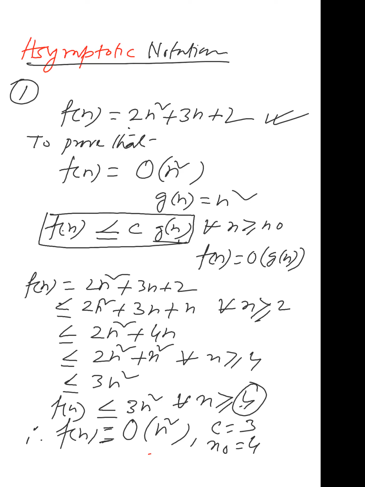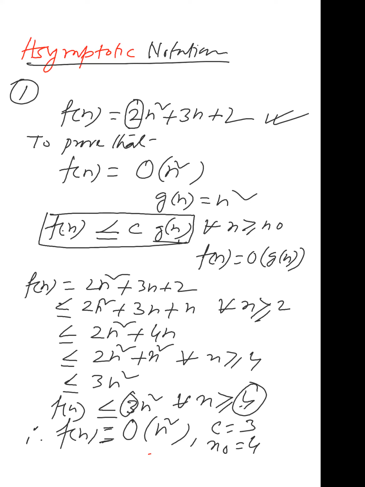So the first coefficient is c there. Finally fn is less or equal to 3n square. That means the value of c will always be greater than the coefficient of the highest degree term.